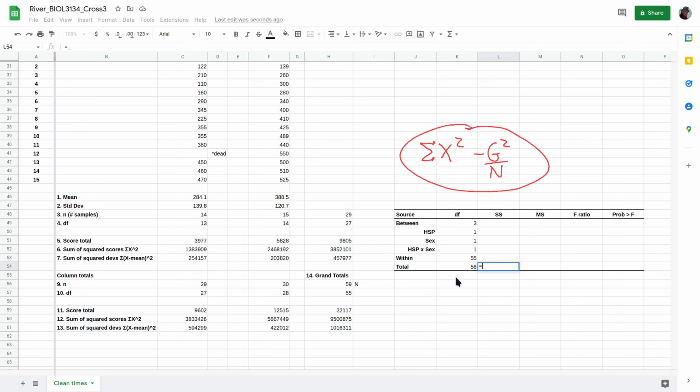So that will be equals. We'll open some parentheses, take our sum of squared scores and subtract, and open some more parentheses. Our score total is this, and we will square that and then divide that by the total n.